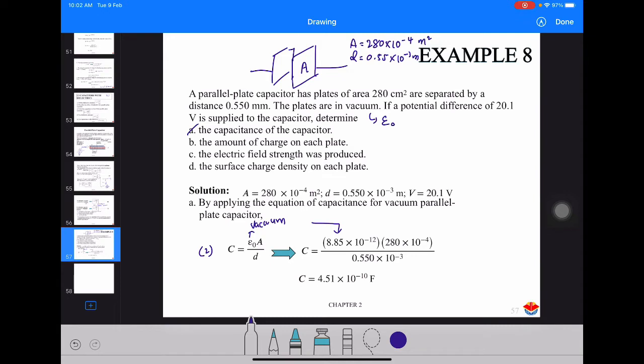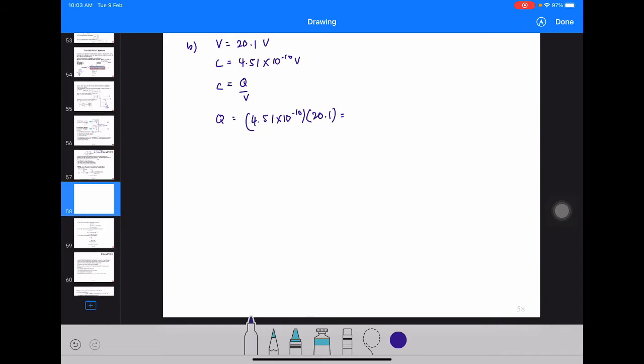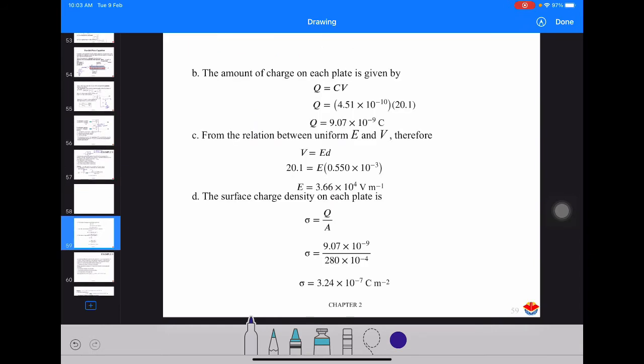Okay, the next question, they want you to find the electric field strength. That one is easy as well. Maybe you can straight away look here. This one is for question B. This is the same as what I wrote over here, so you get the answer. If you want to find V, you can use V equals ED or E equals V over D. I pointed this out in the first chapter, the last subtopic 1.4, where E is equal to V over D for a uniform electric field.